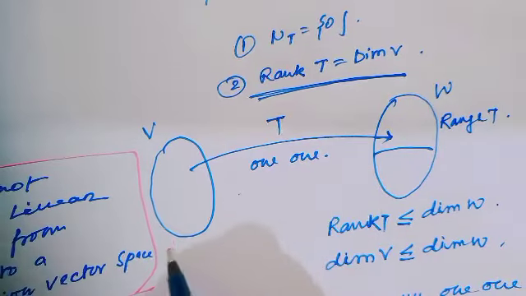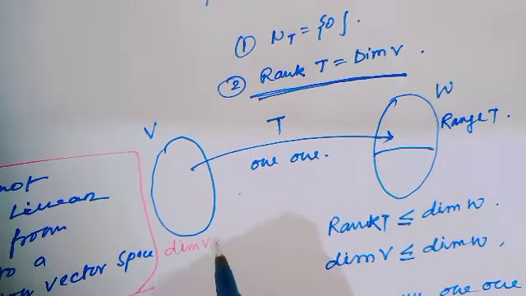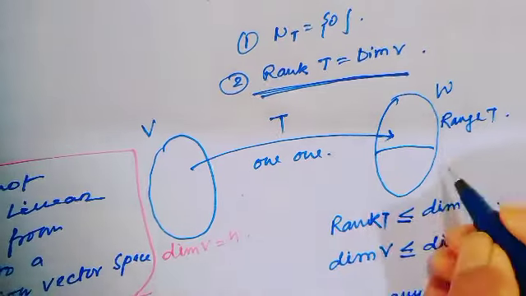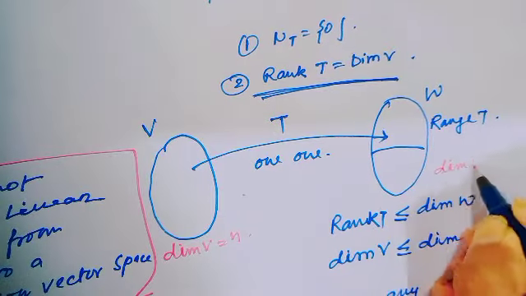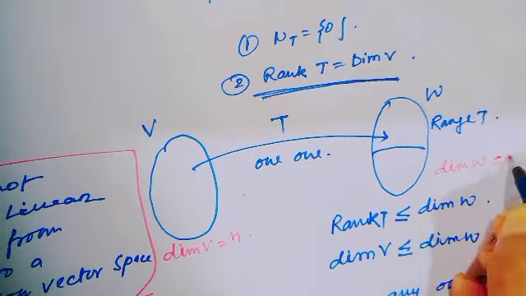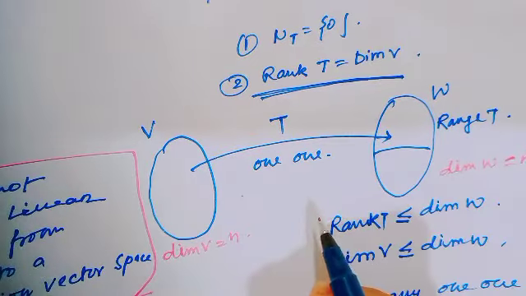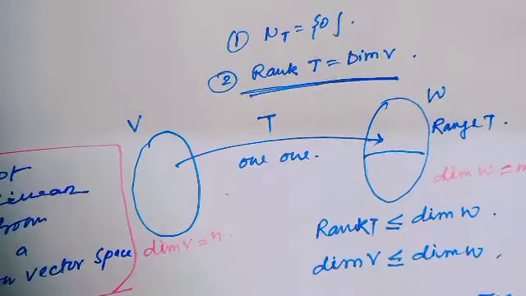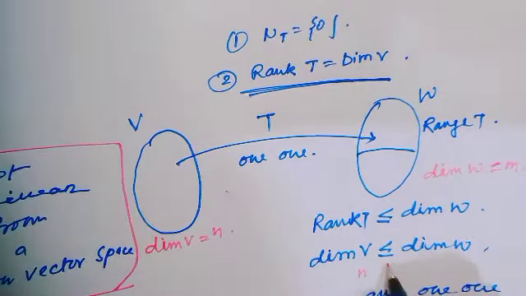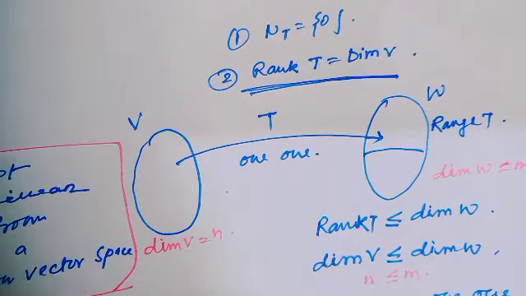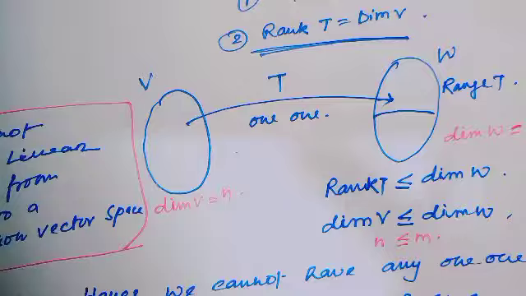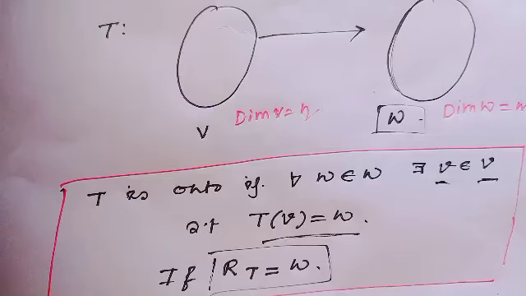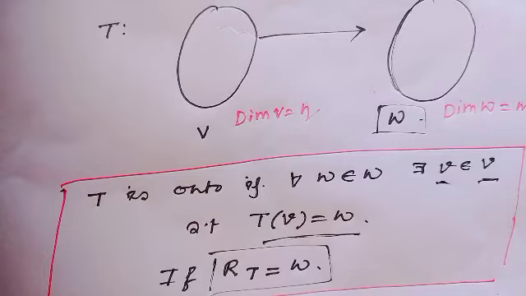We consider the dimension of V equal to N and the dimension of W equal to M. Therefore, for a 1-1 linear transformation, always N is less than or equal to M. Are you getting?